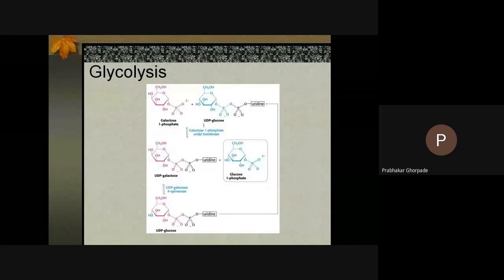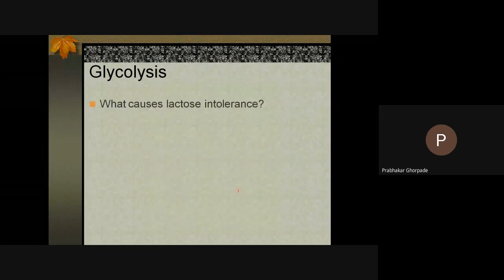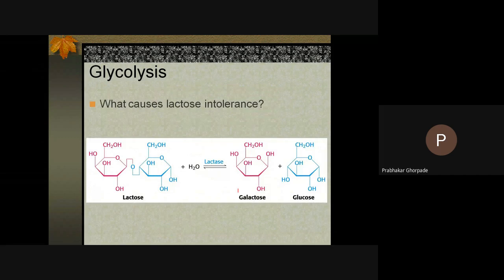We have UDP glucose and galactose 1-phosphate. The galactose 1-phosphate uridyl transferase reaction happens, where we get glucose 1-phosphate and UDP galactose. Epimerase converts this UDP galactose to UDP glucose, and this can again help in the conversion. So here we are getting glucose 1-phosphate.